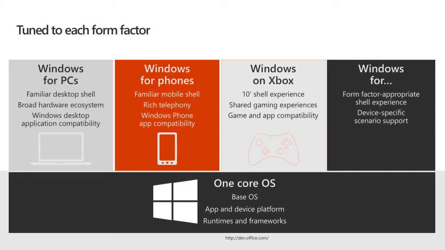The other thing that's nice about the UWP platform is that everything is going to be tuned to each form factor, from Windows PCs to Windows phones to Windows on Xbox and Windows for other things as well, like form factor appropriate shell experiences or device specific scenario support. They're all based on one core operating system, one base OS, one app and device platform, and one runtime and framework.